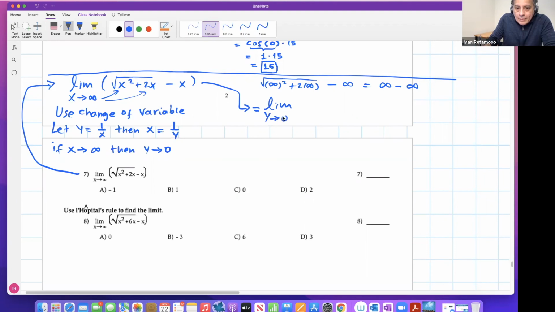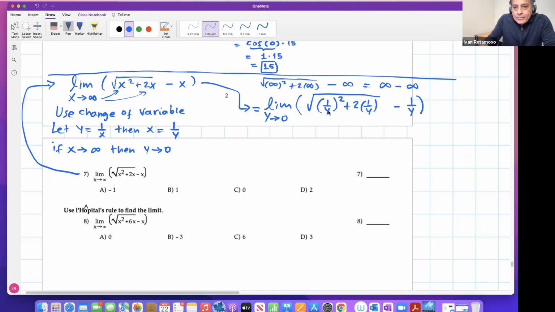So, the limit as y approaches 0 of the square root of 1 over y squared plus twice 1 over y, that's x, minus 1 over y. Work that out. This will help you because now we have a limit where y approaches 0.